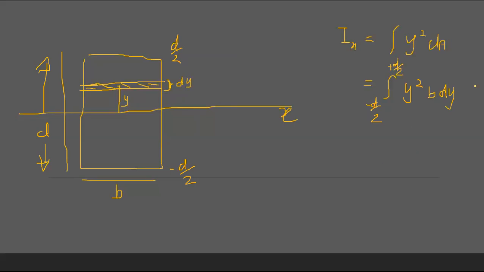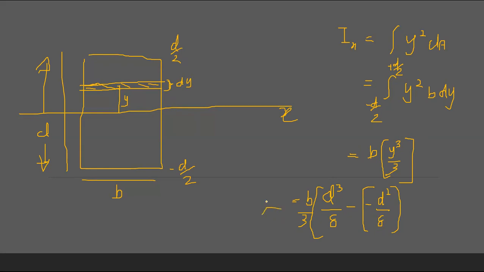Okay, if you integrate this, b is a constant, so you can take it out. b times y cubed over 3. You have to apply this limit. If you apply this limit, that's going to be b times d cubed over 8, you can take 3 out, minus minus d cubed over 8.